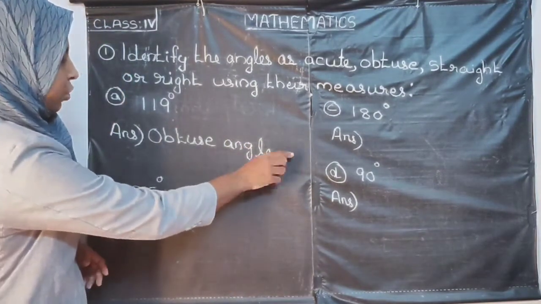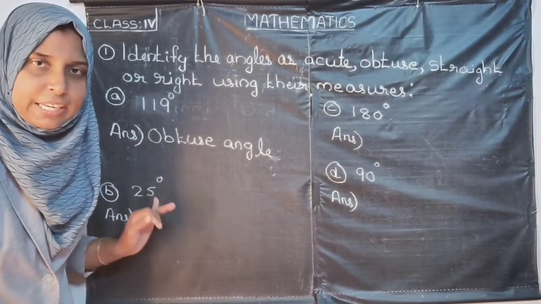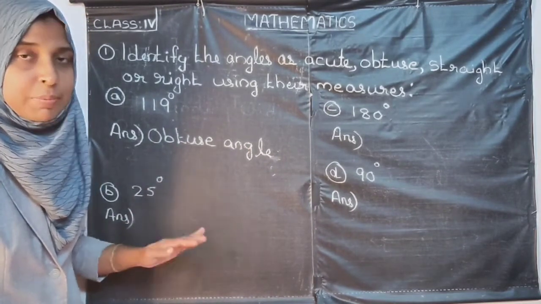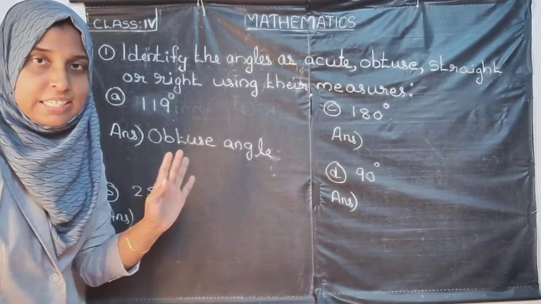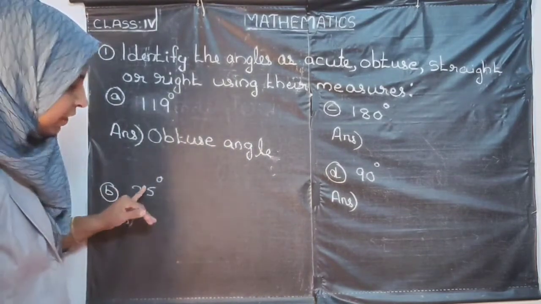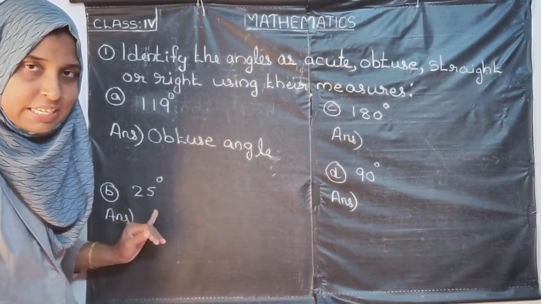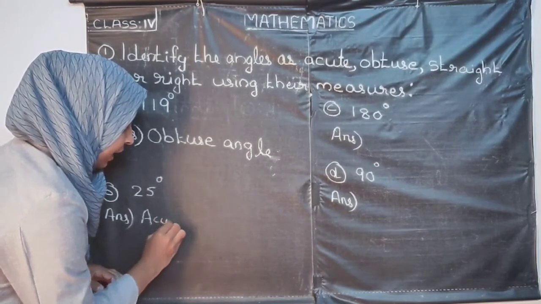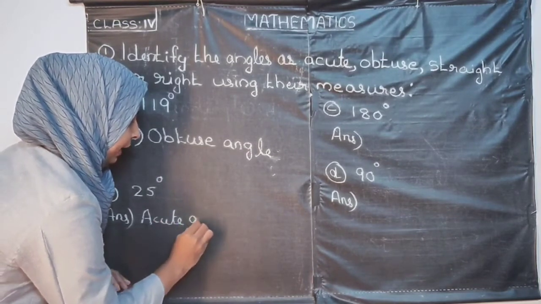Next one, 25 degree. An angle which measures between 0 degree and 90 degree is called an acute angle. So this 25 degree angle is an acute angle.